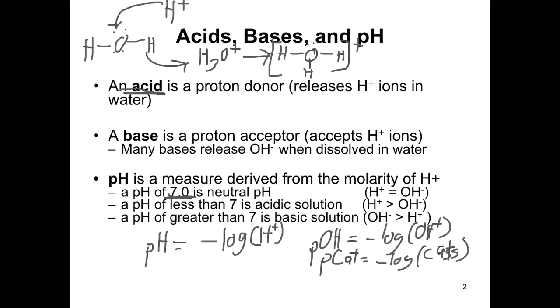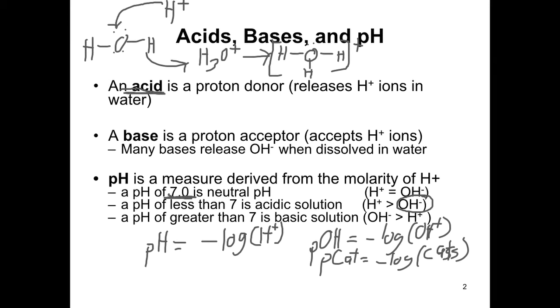And we know that when water gives up its hydrogen, it becomes hydroxide. So in water, the net result of putting a base in there is that you're going to suck protons off of water, and you're going to create hydroxide ions from that water.